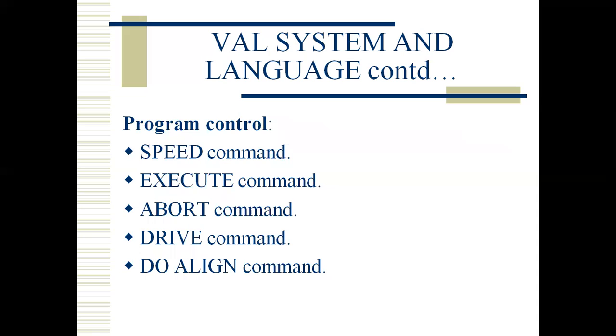Coming to the programming control, there are several possibilities for commands utilized for controlling strategy. That is speed control, execute command, control, abort command, drive command, and align command. Aligning in the sense of joining two different route maps.